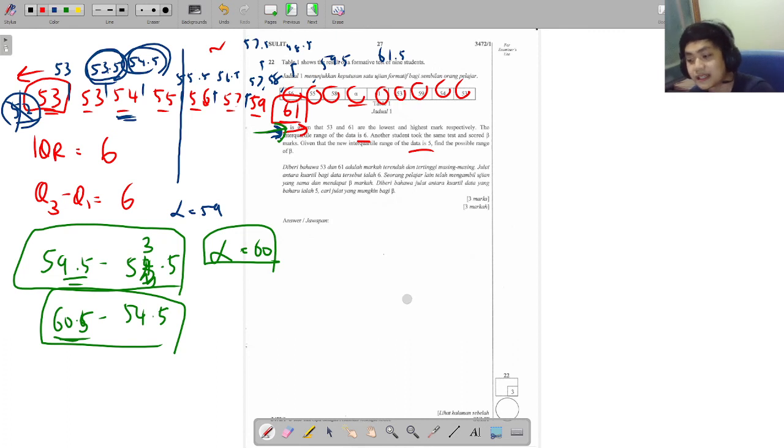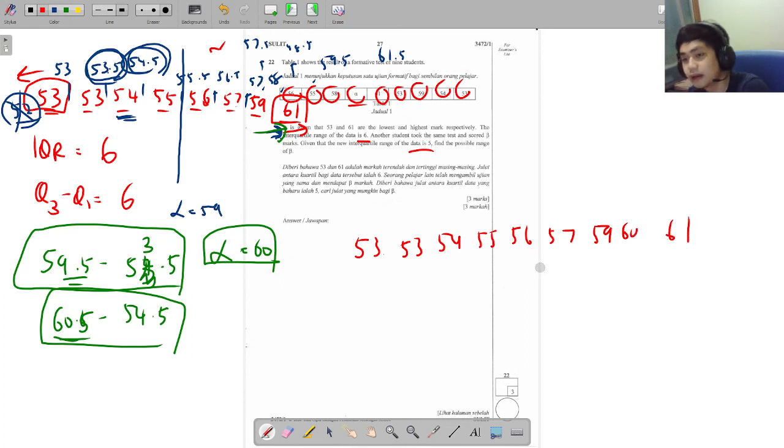So making smart guesses means that I would be putting beta either in the front or the back, right? Because 53, 53, 54, 55, 56, 57, 59, 60, 61.